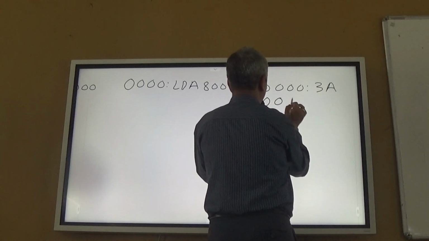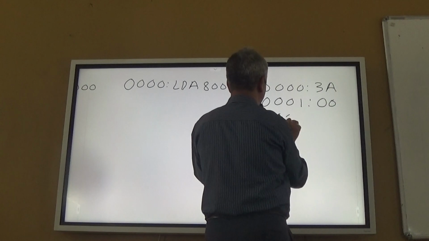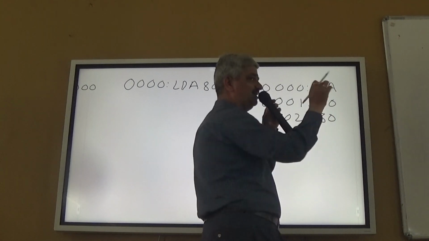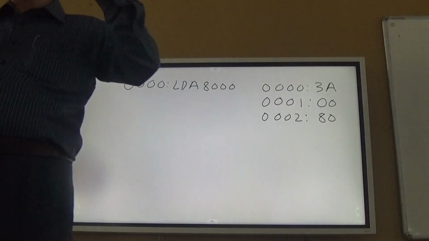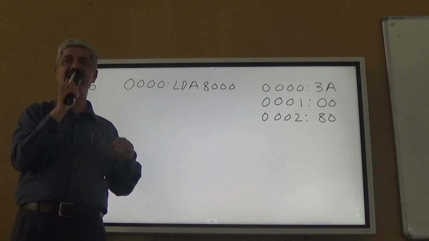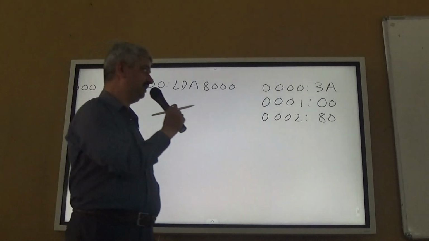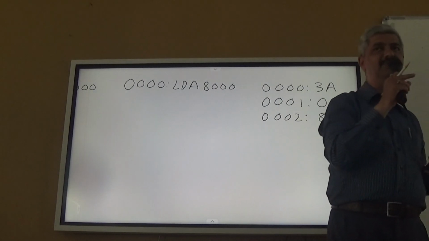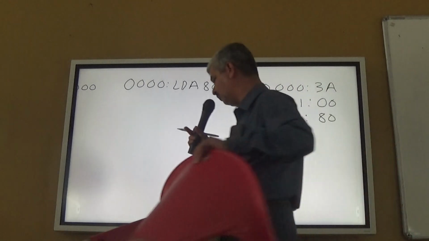At 0001, it contains 00. At 0002, it contains 80. This is a convention, the syntax they have followed: lower byte first and then the higher byte. So 3A, 00, 80. These are the first 3 bytes stored in the memory from address 0 onwards.